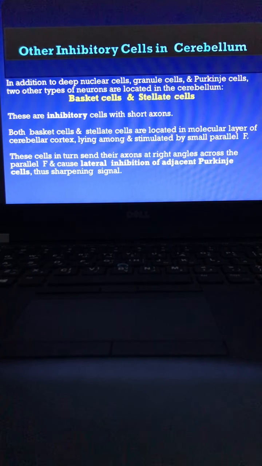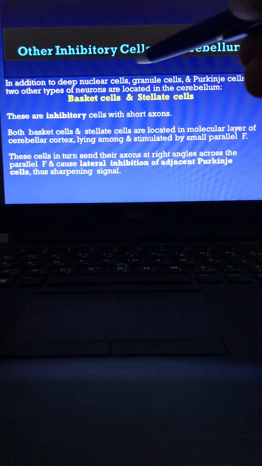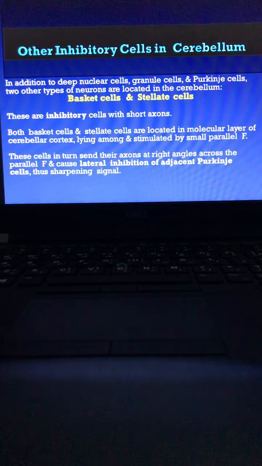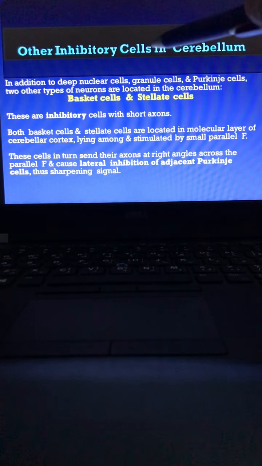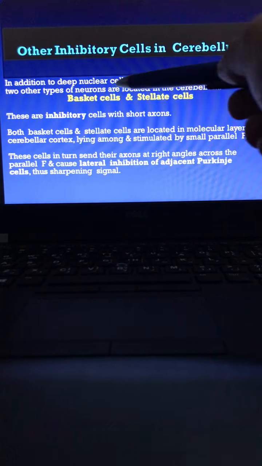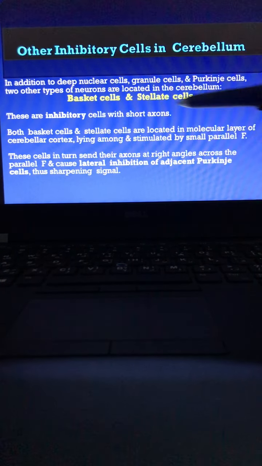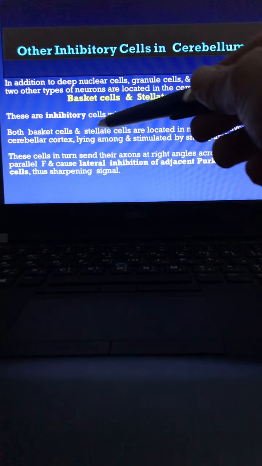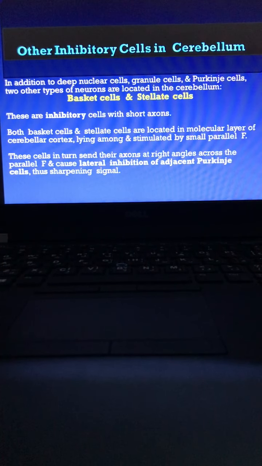Other inhibitory cells in the cerebellum, in addition to deep nuclear cells, granule cells and Purkinje cells, are two other types we call basket cells and stellate cells. They are inhibitory cells with short axons, and both of them are located in the molecular layer of the cerebellar cortex, among and stimulated by small parallel fibers.